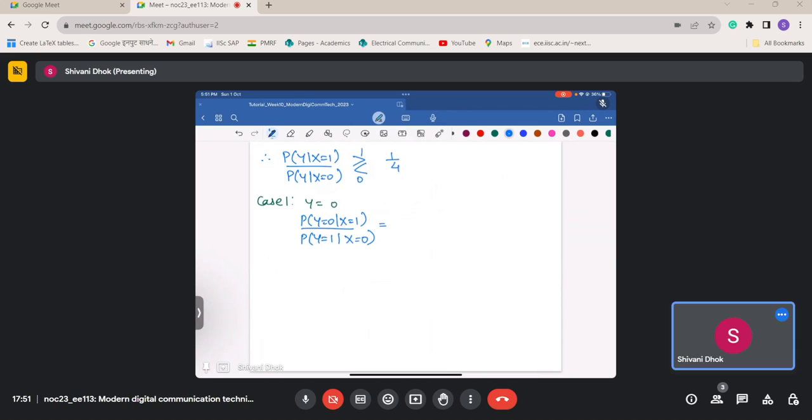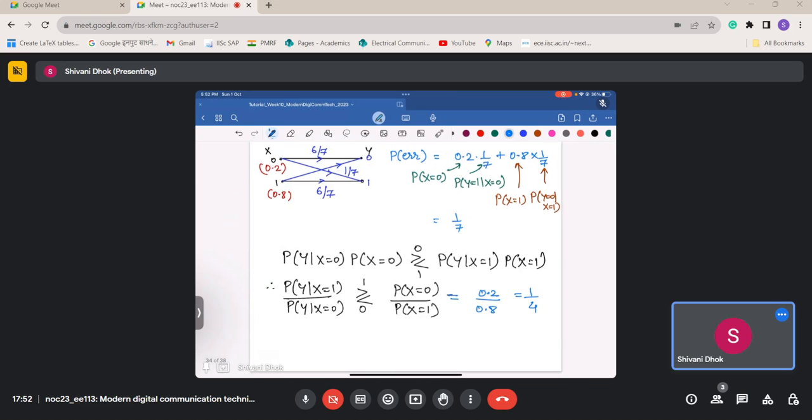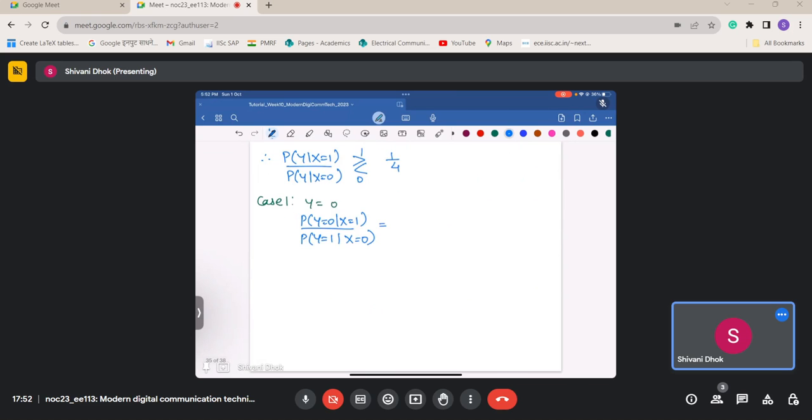If y equals 0, then this thing is 1 by 7 on 6 by 7, which comes out to be 1 by 6, and this quantity is less than 1 by 4, which means that we should decide in favor of x equals 0.